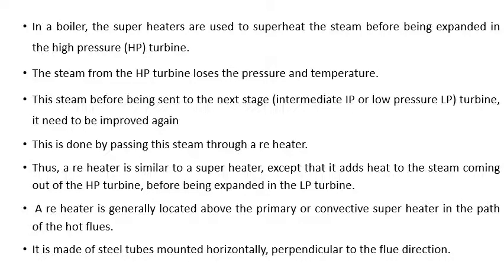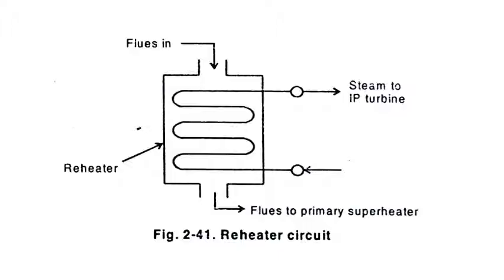It is made of steel tubes mounted horizontally, perpendicular to the flow direction. Here you can see the sketch of a reheater. Steam from the turbine enters and gets reheated in the passage of the flue gas, and is sent once again to the IP turbine.